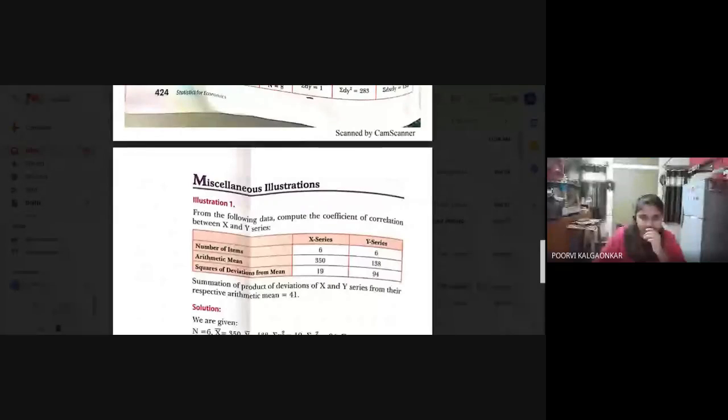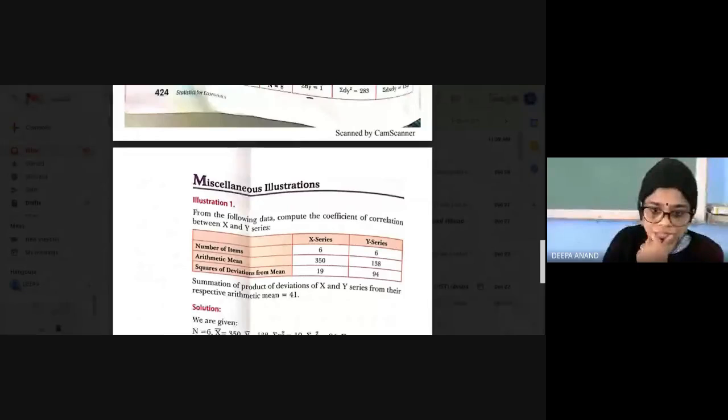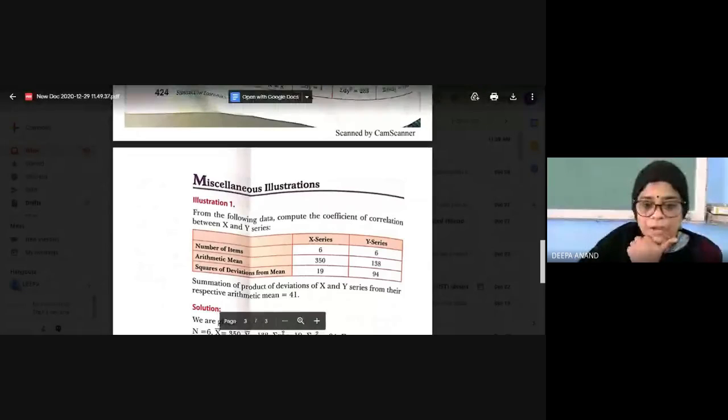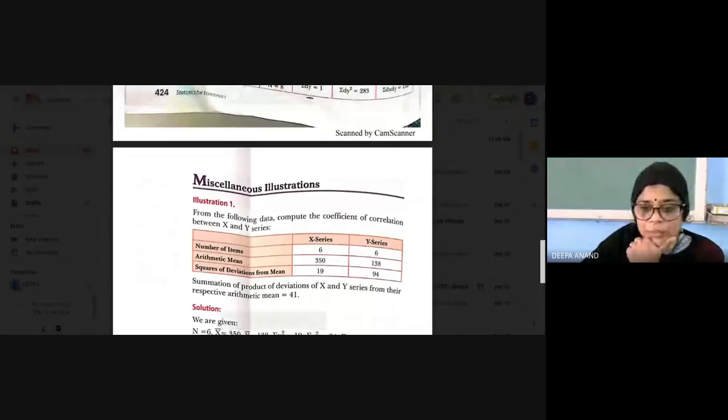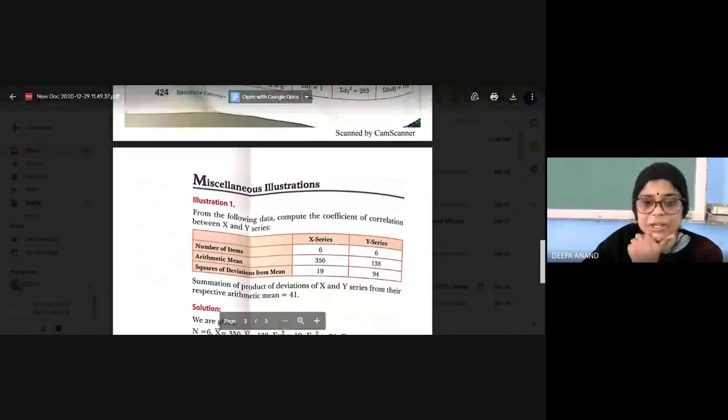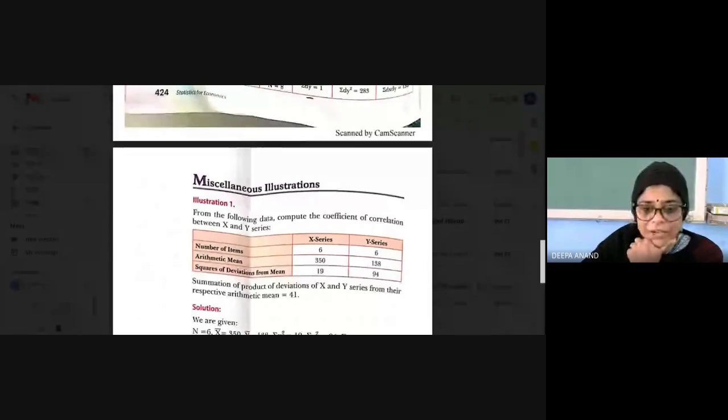I hope you can see the question now. Can you? Yes, ma'am. See, this is the question. From the following data, compute the coefficient of correlation between X and Y series.